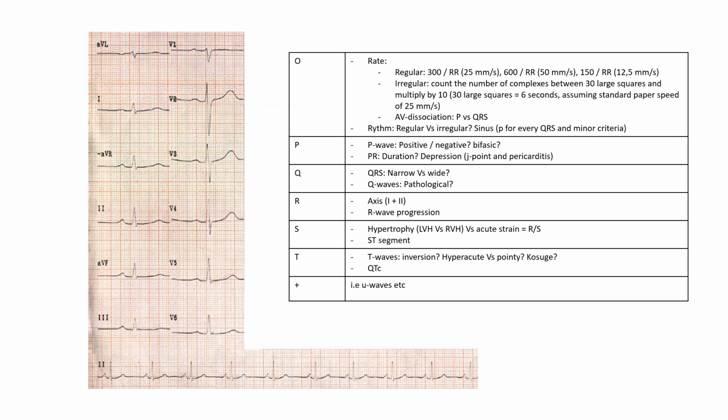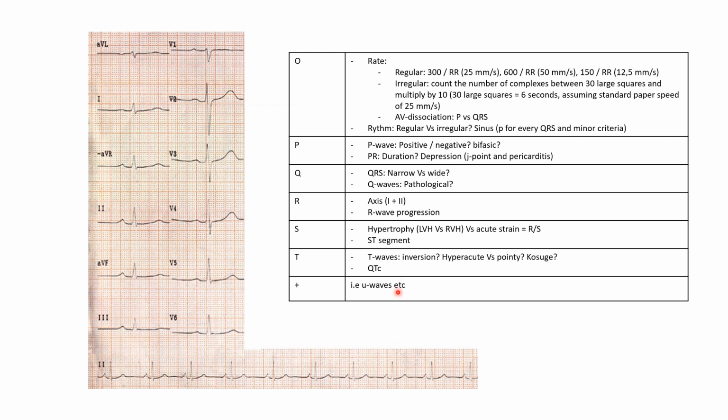So that's called pseudo-normalization. Mattu talks about this. Sometimes what we think is normal depends on the previous ECGs, right? This might be within the concept of dynamic ECG changes, but it's just something to know about, pseudo-normalization, it's called.